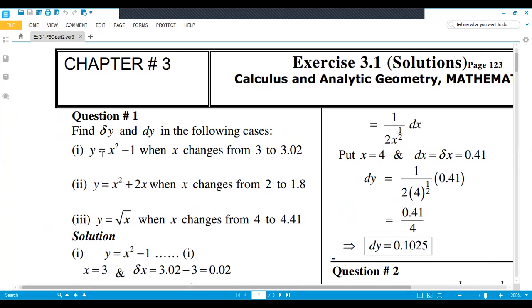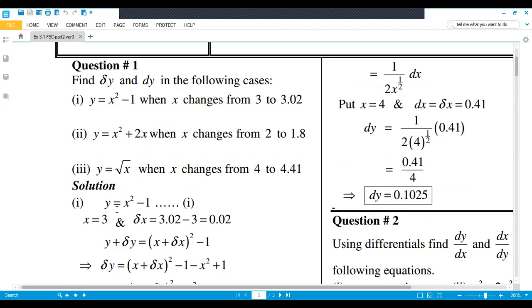Here the given function is y equals x square minus 1, when x changes from 3 to 3.02. This 0.02 is delta x. If the x value is 3, so delta x is what? This change, 0.02. How can you solve it?